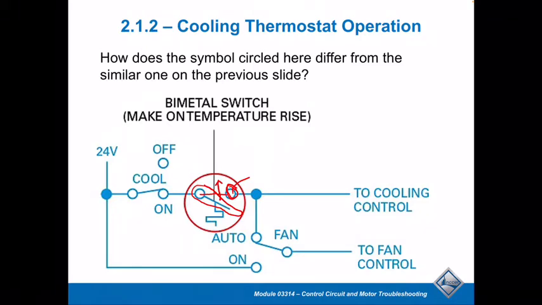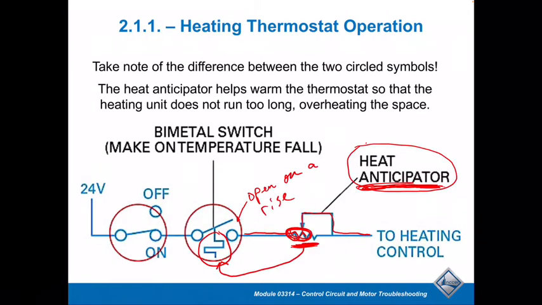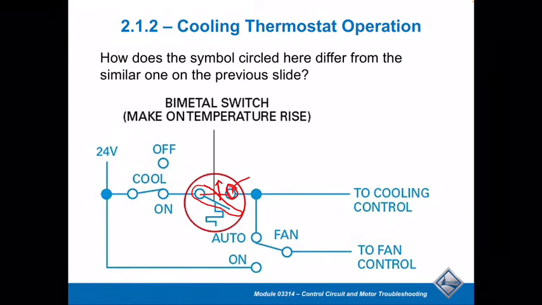So that's what they're referring to here as a make on rise. Whereas if you notice on the previous one, this line was drawn above that contact point, so that one opened on a rise, heating. This one closes on a rise, or it opens on a fall in temperature, you could say.